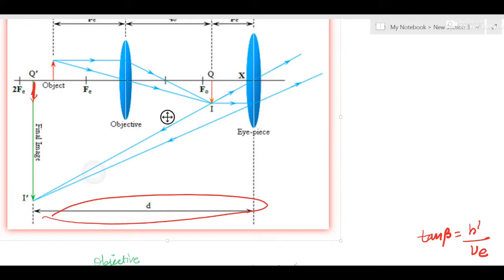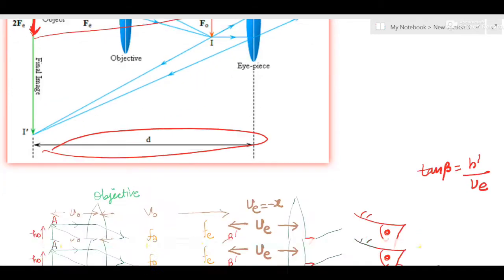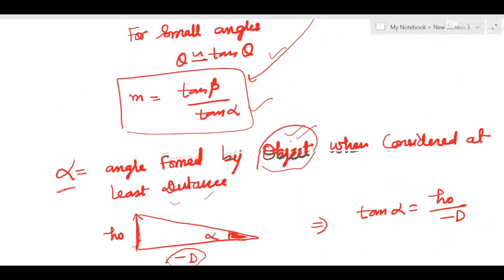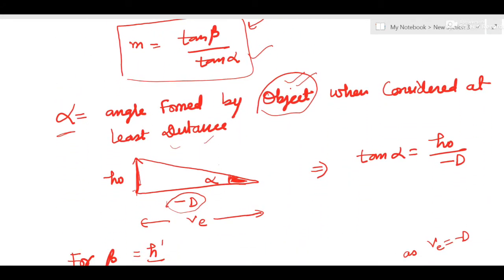It is an angle formed by the object, so this is a height equal to that of the object, and this is angle alpha. So this is my triangle for alpha, and tangent alpha can be seen as perpendicular by base, it is h0 by minus d.